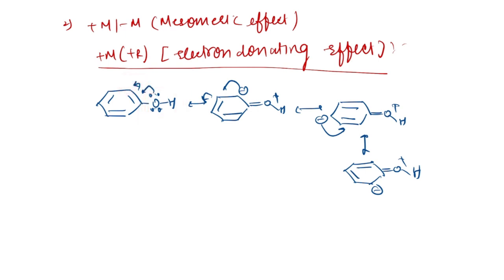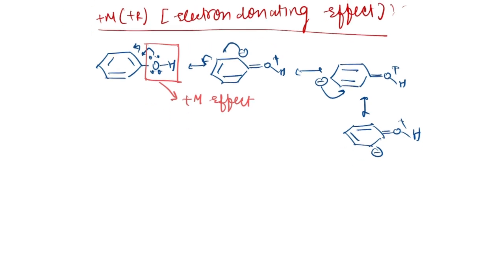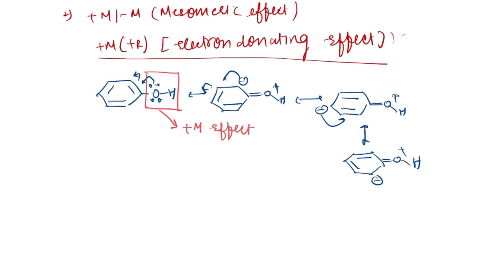So whatever electron donating group we have, it's showing plus M effect, mesomeric effect. When it has a tendency to pull the electron, it would show minus M, but right now it is showing plus M. So what are the groups which show plus M effect?